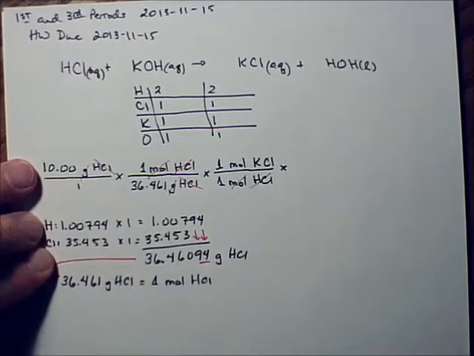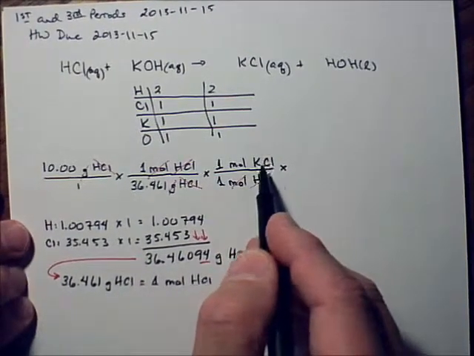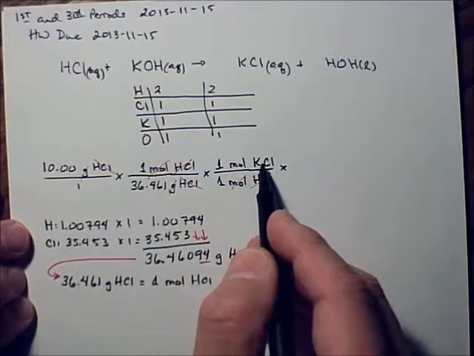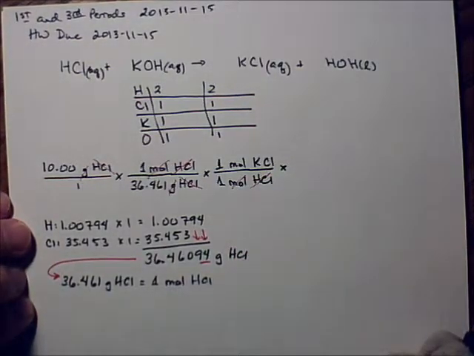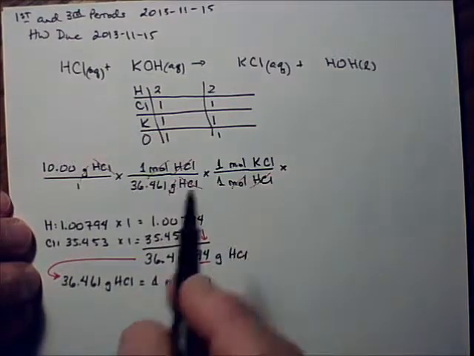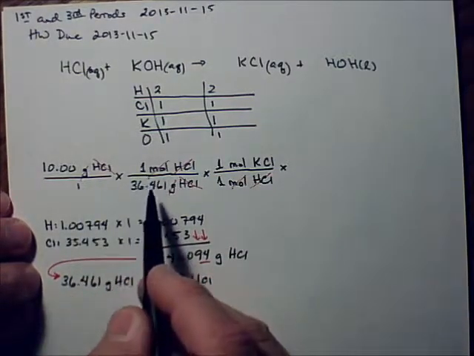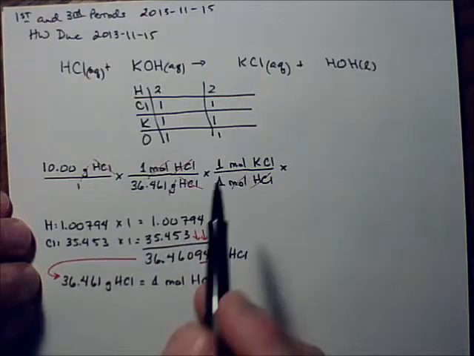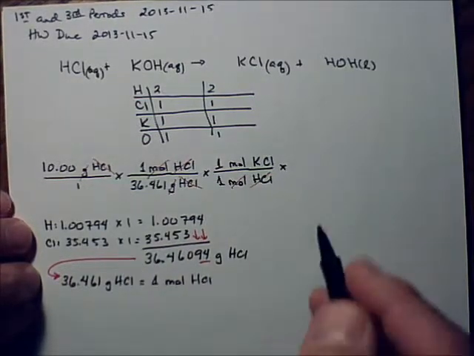Okay? Now that we have this in moles, we need to get that into grams in order to know what mass we need. Okay, the question says, what mass of potassium chloride would be produced? Well, then that means we're going to have a molar mass. If you go from grams to moles, you've got to have molar mass. To go from moles to grams, you got to have molar mass.